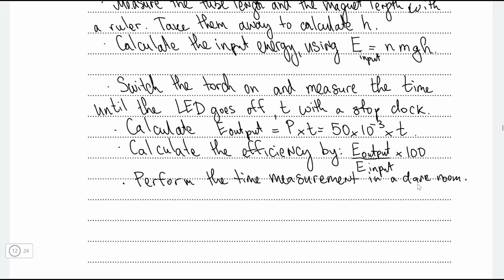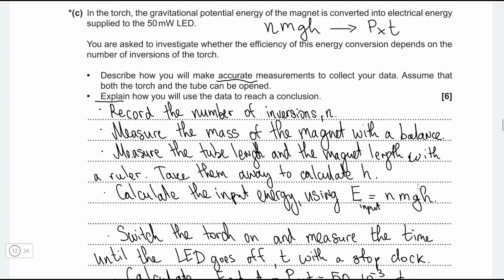This is really helping us to get some accurate readings. Okay, now our next thing that we need to do is to explain how we're going to use data to reach a conclusion. So far we've got examples of how to find the input energy, mgh, and how to find the output energy, which is found by power multiplied by time.